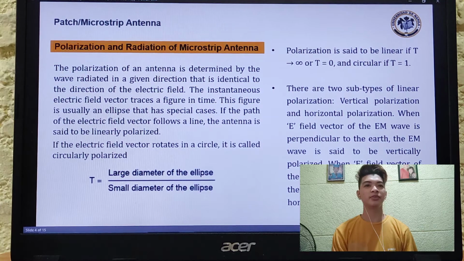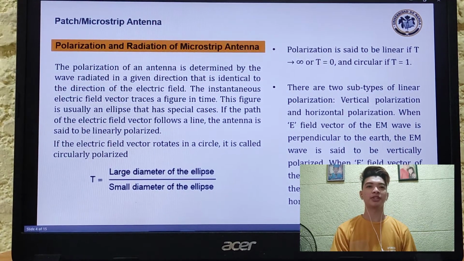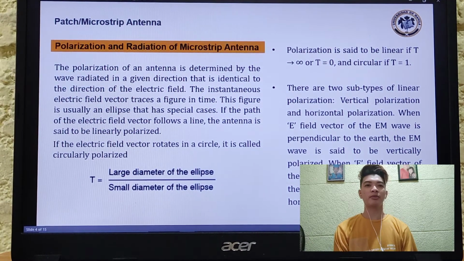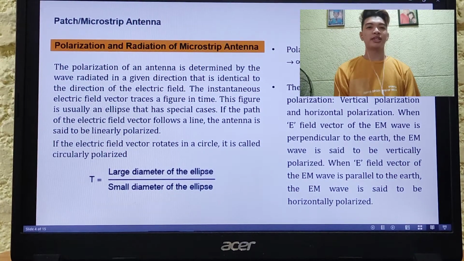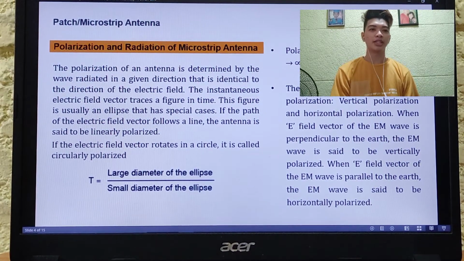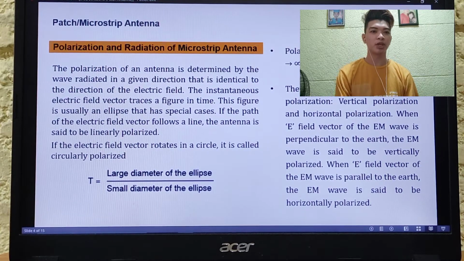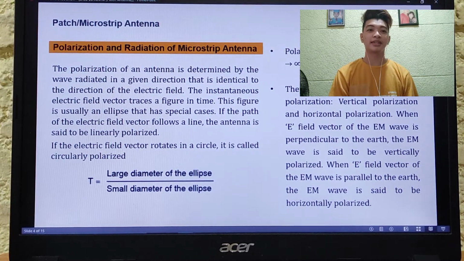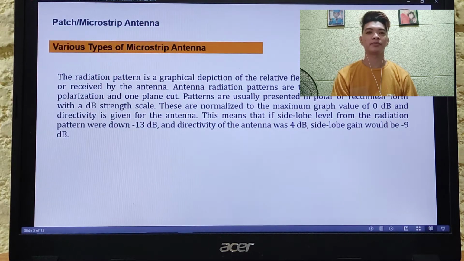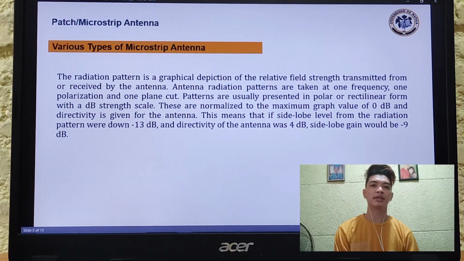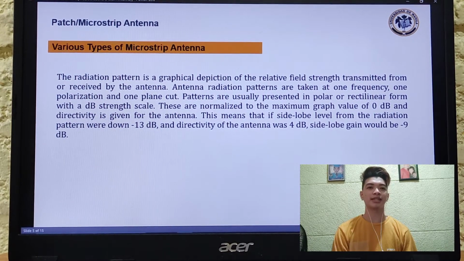When E, the field vector of the EM wave, is perpendicular to the Earth, the EM wave is said to be vertically polarized. When E is parallel to the Earth, the EM wave is said to be horizontally polarized.